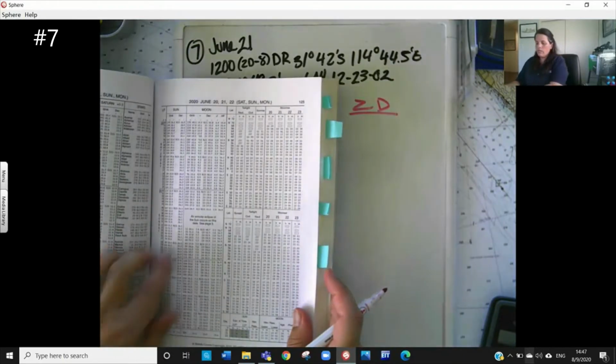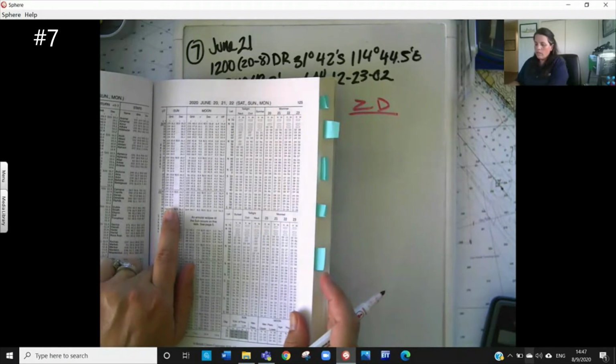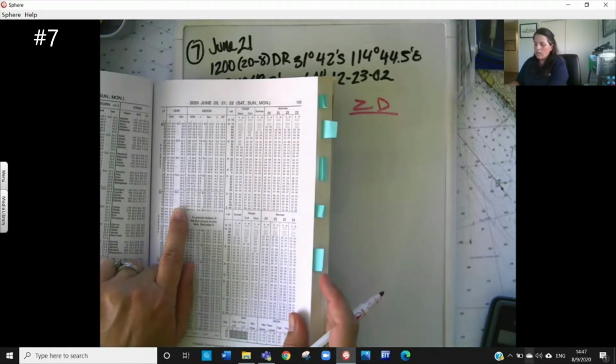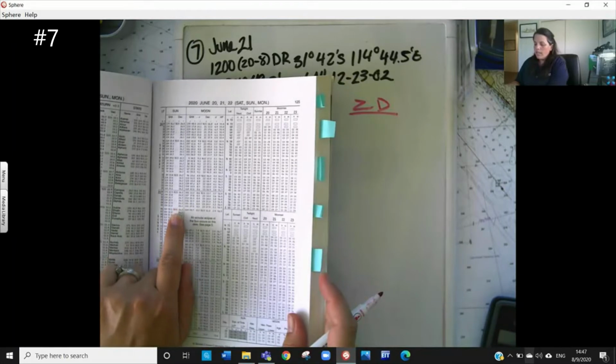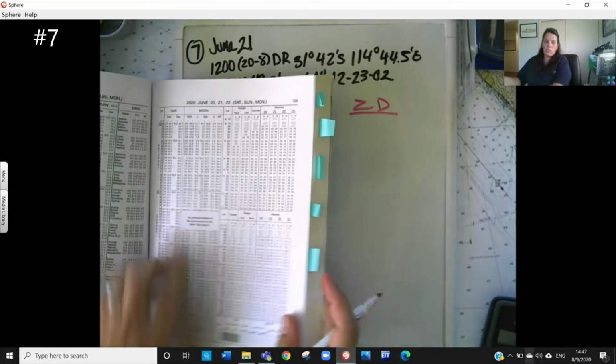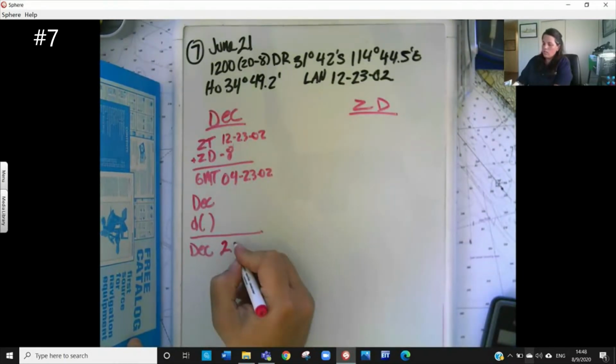So on the 21st at 04, our declination is 23 degrees north, 26.2, and it is the same throughout, so there is no difference.